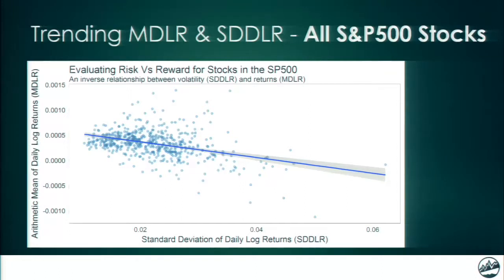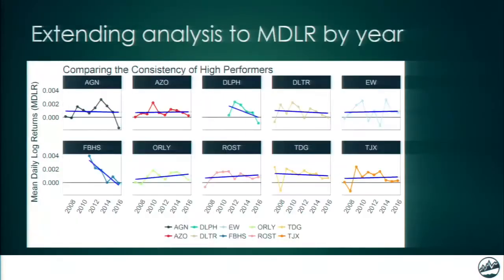What this allowed us to do is get a nice graph that essentially gives us insight. It shows an inverse relationship between the volatility and the returns, and this is something we can use to make meaningful strategic decisions when it comes to investments.